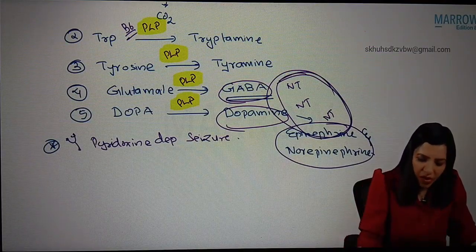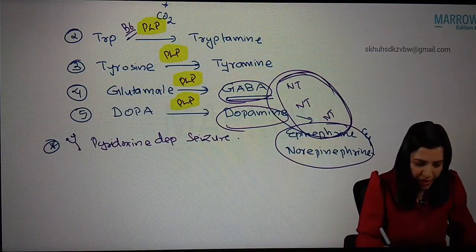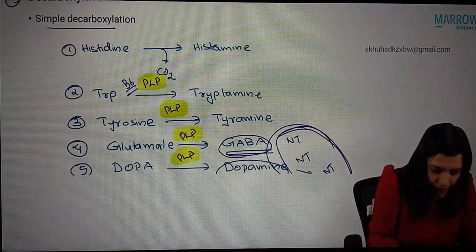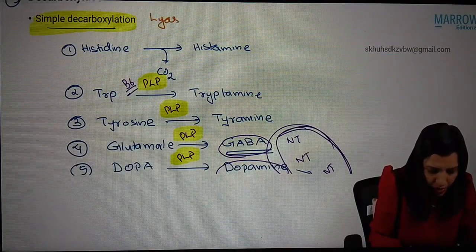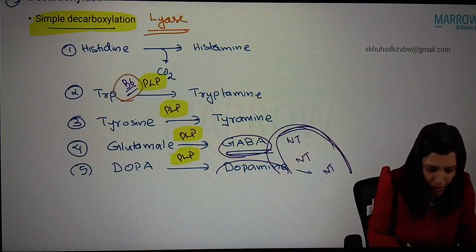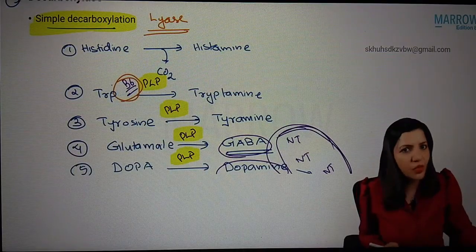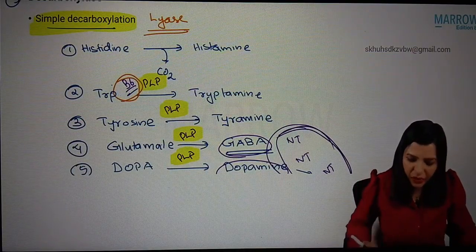So all these reactions we call simple decarboxylation. It belongs to the class of lyase. And all these require B6 as coenzyme. Also learn the clinical correlation.